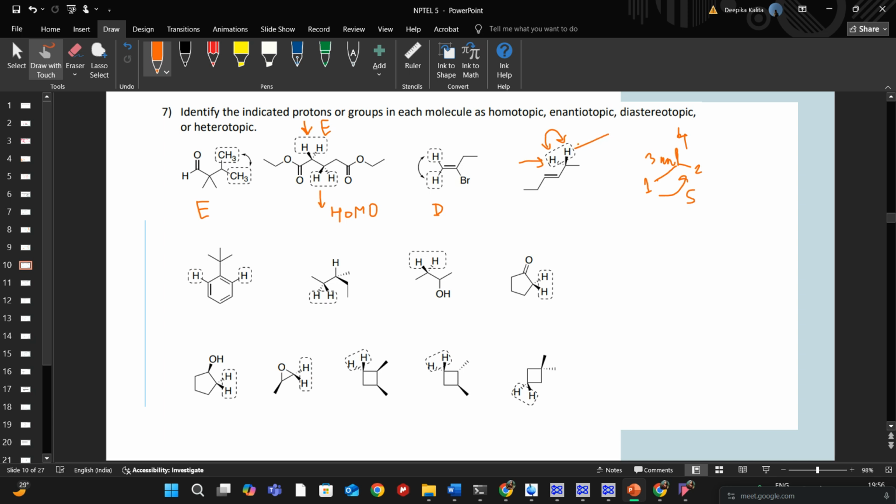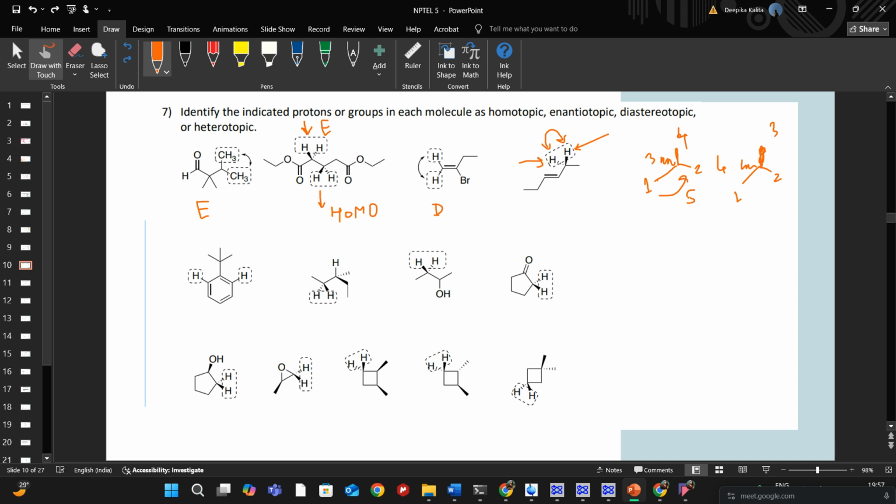Similarly, if we replace this hydrogen by deuterium, the priority will look like 1, 2, 3, 4. And the absolute configuration will be S because the fourth group is okay.